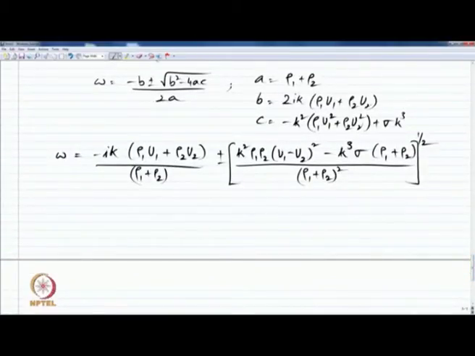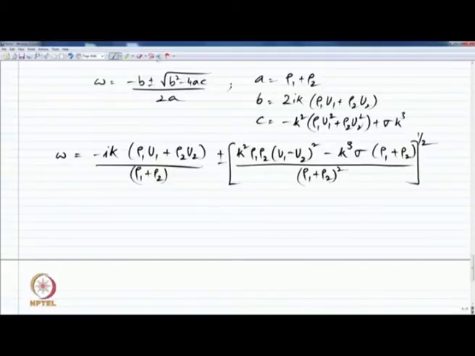So, this is a closed form equation that would yield us two omegas, omega 1 comma 2, the one corresponding to the positive sign and 2 corresponding to the negative sign, and the term under the radical of course coming from our discriminant b squared minus 4ac.